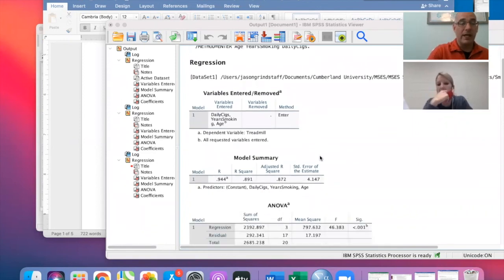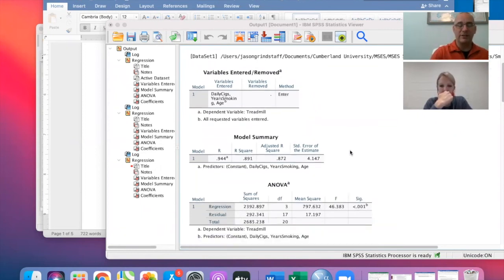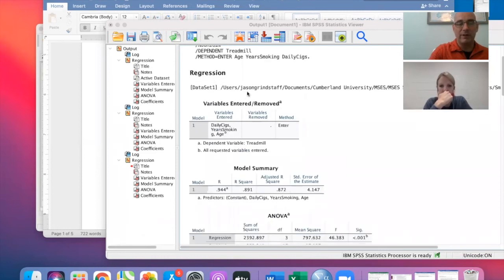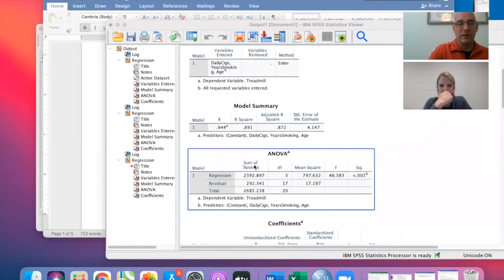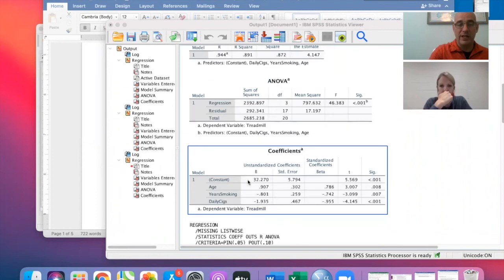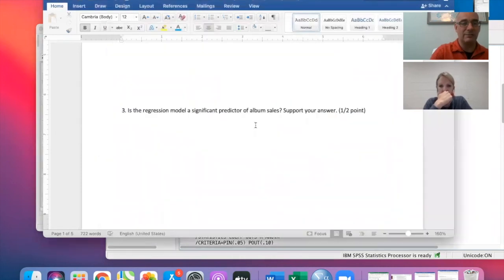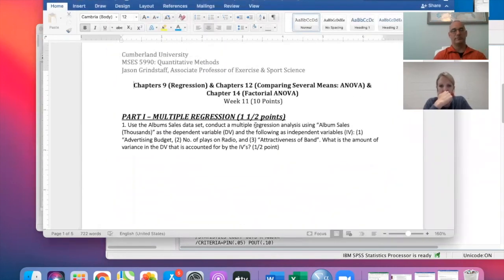Yes. And you're going to get very similar output. The results might change a bit, but the steps in the analysis are the same: you're going to have one dependent variable and 3 independent variables. Just like we did for our regression analysis here, you're going to get a model summary, an ANOVA table, and coefficients, with 3 independent variables predicting our one outcome variable, which in this case is album sales.